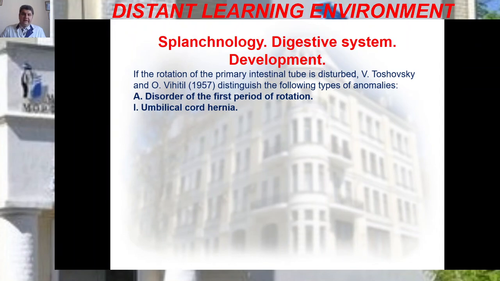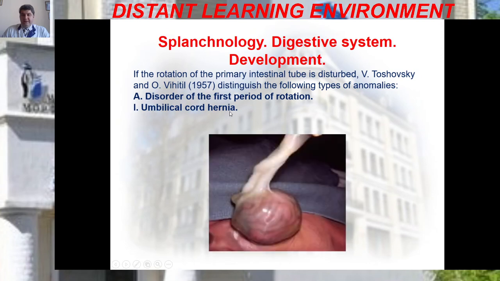First I want to tell that the digestive system has some features in development. And you may see this classification of Tashkovsky about the following types of abnormalities. You may see disorder of the first period of rotation, umbilical hernia with the intestines here.